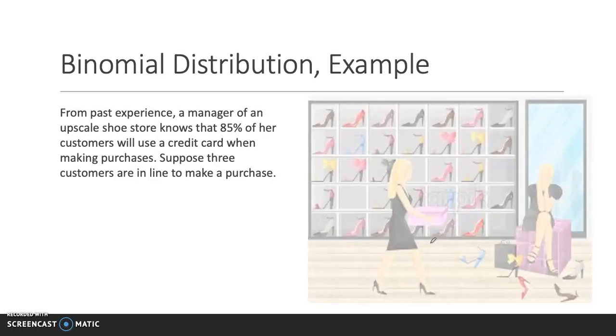Now let us get back to the credit card use case we used before. And I would like to show you, rather than constructing the tree diagram to get the probability of outcome, let's just use this formula. For example, I would like to know the probability where 2 customers out of 3 use credit card.